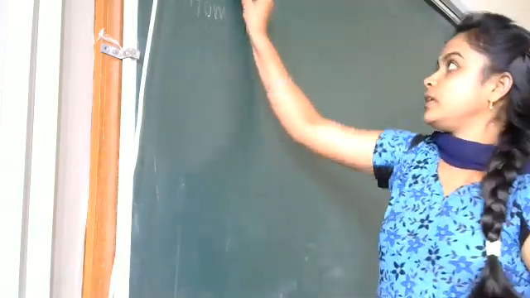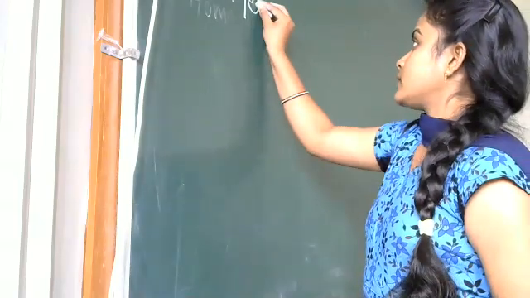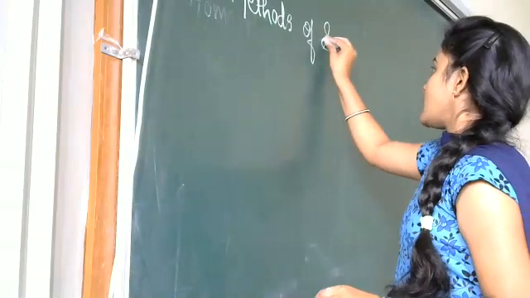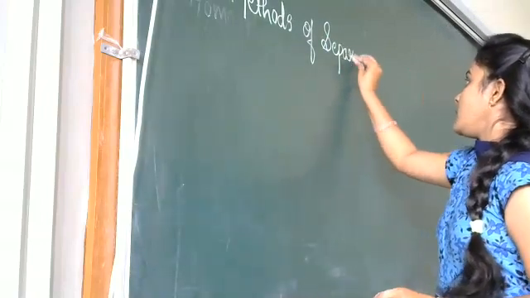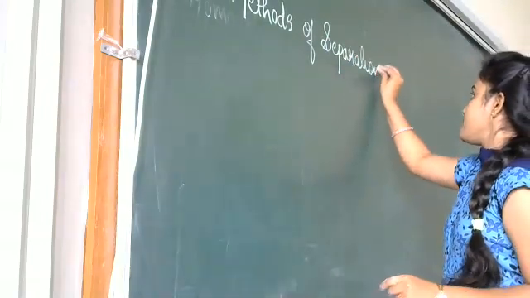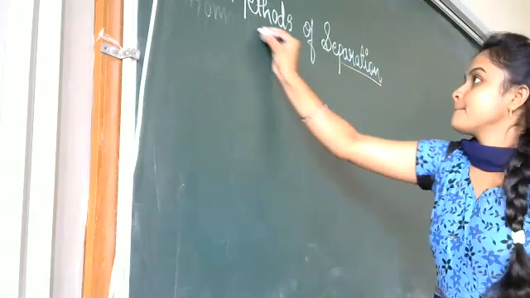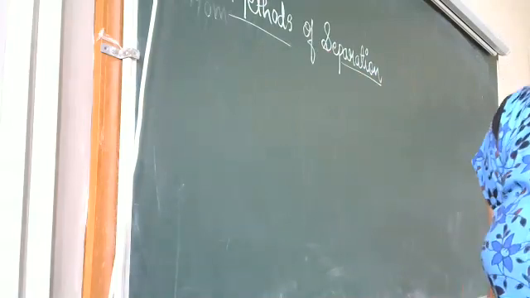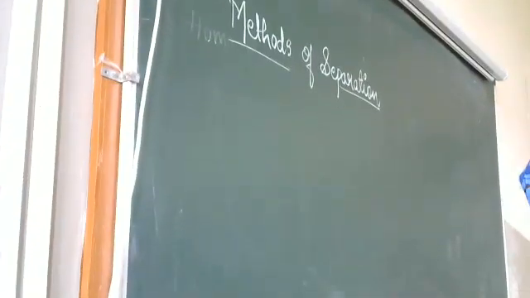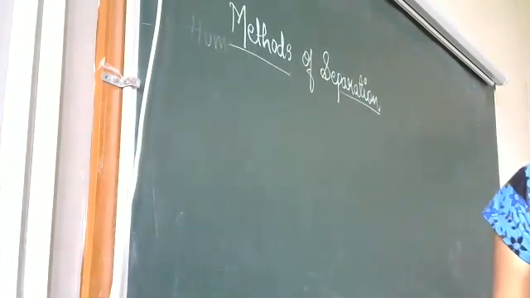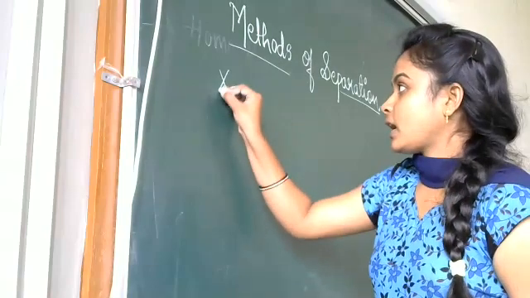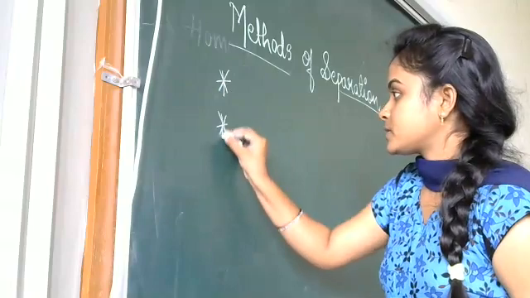Next one, we will go for methods of separation. Is it visible? Yes, ma'am. Okay. Methods of separation. So under these methods of separation, we have three types.